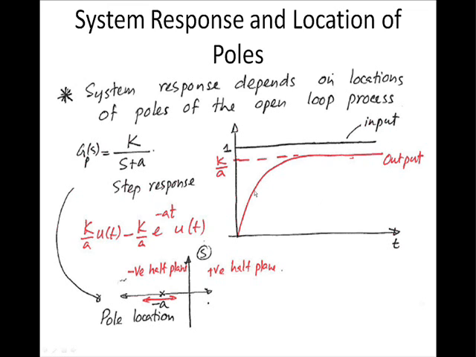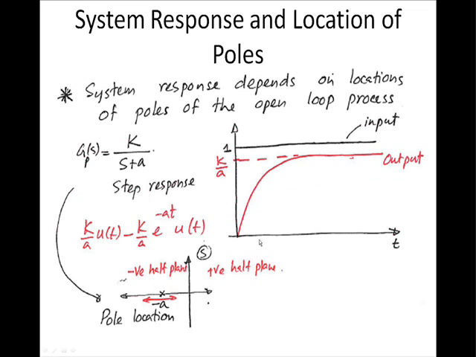If you get this sketch, the input will be like this, just one line parallel to the time axis, and then the output will be like this, and the final steady state value of the output will be K over a.